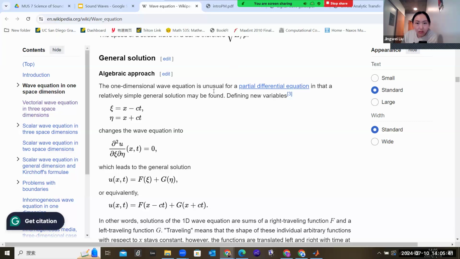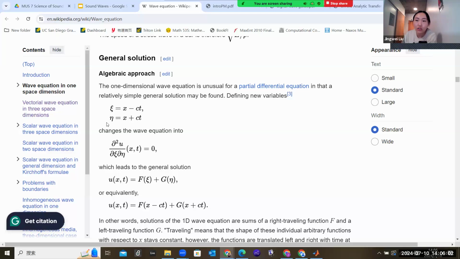It basically uses the separation of variables. You rewrite the variables ξ and η using x and t. You write x minus ct equals this variable, and x plus ct equals this variable.